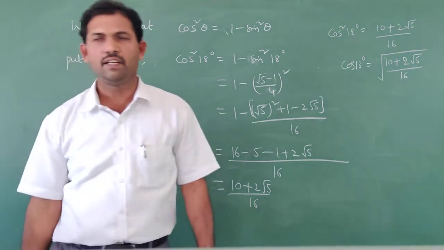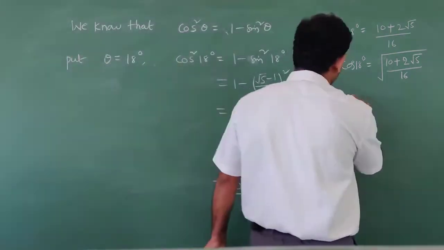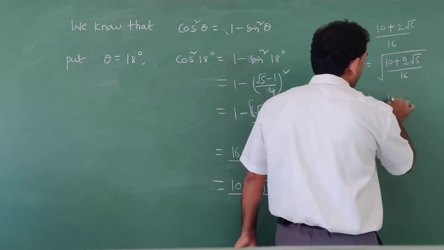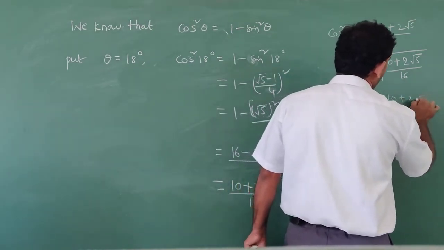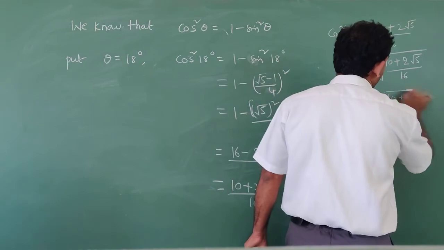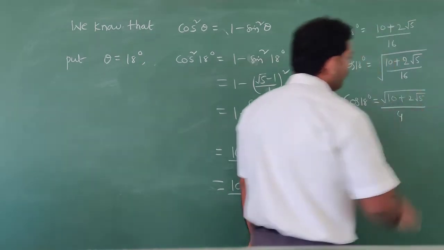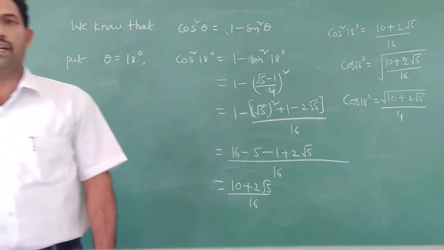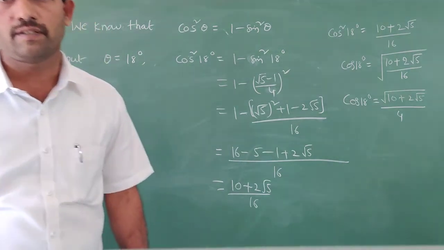Understand? In the simplification, cos 18 degrees equal to 10 plus 2 root 5 divided by root of 16, which means 4. You can modify like that also. Note down fast.